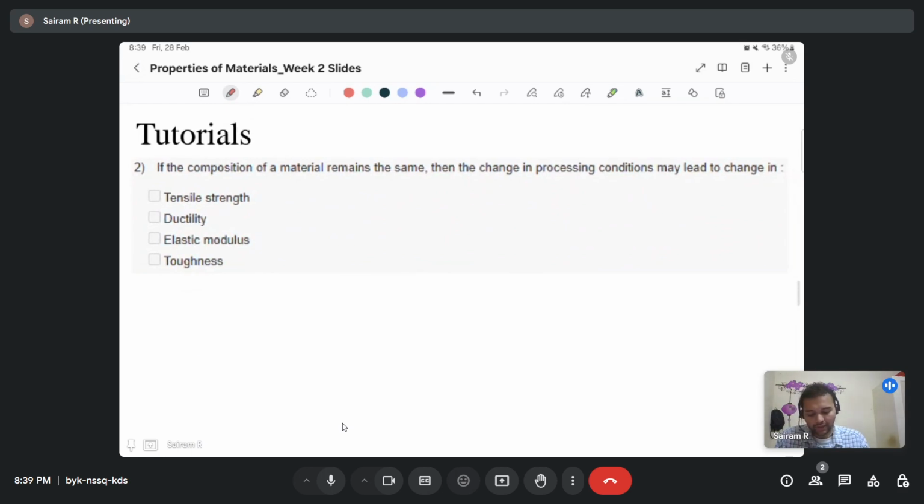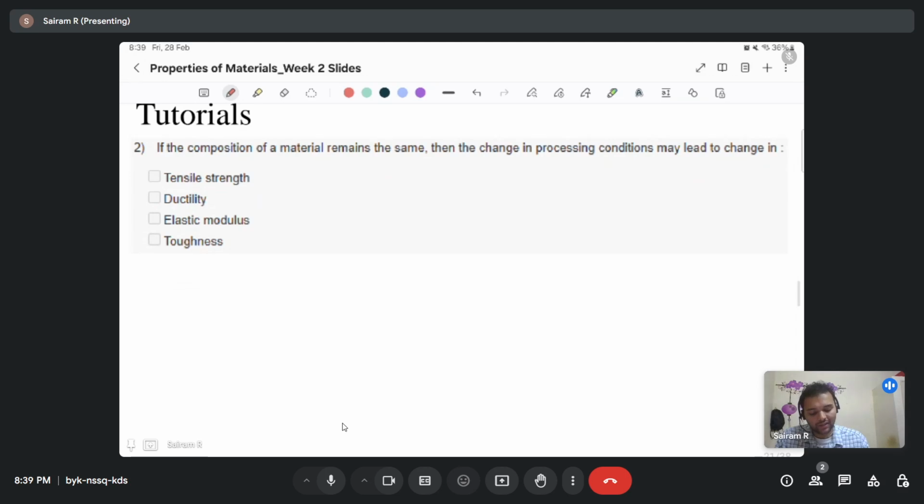If the composition of a material remains the same, then the change in processing conditions may lead to change in tensile strength, ductility, elastic modulus, and toughness. So what does this mean? Let us take this example.